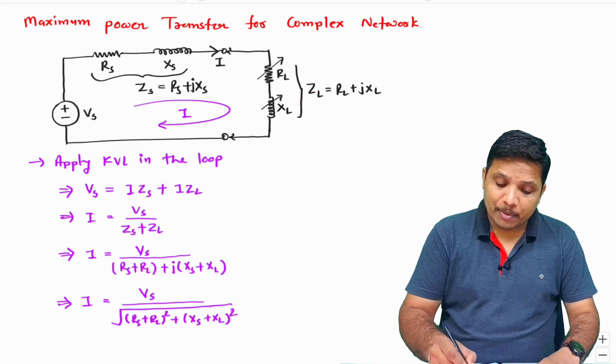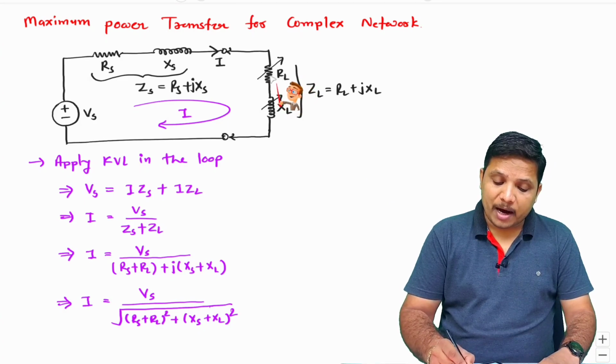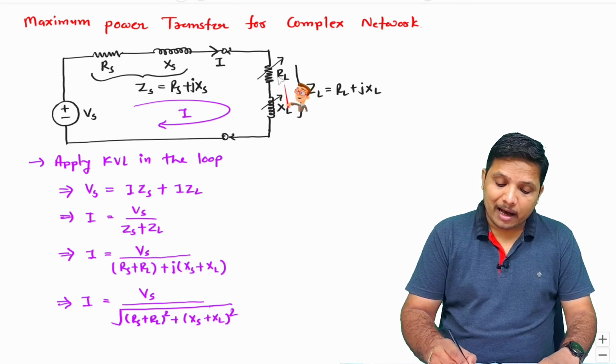Through XL, power is not dissipated as heat, it is only delivered through RL. So the power delivered to the load is I squared RL.